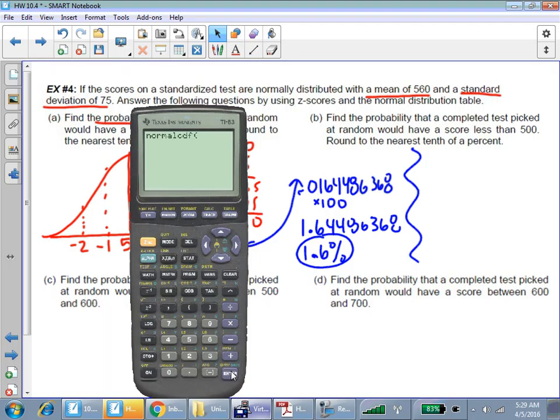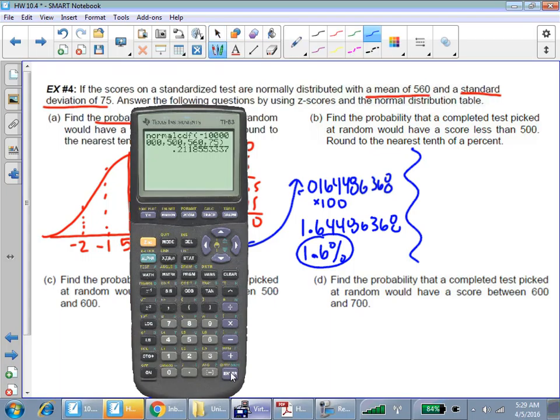So just like we did before, where we put a really large number for our upper bound, since our lower bound we don't know, we're going to put a really small number. So I'm literally going to put negative 1 and just a bunch of zeros. Comma, and now I'm going to put my upper bound of 500. Now I also need to put in my mean next, which is 560, and then my standard deviation is last. And then I close my parentheses, press enter.